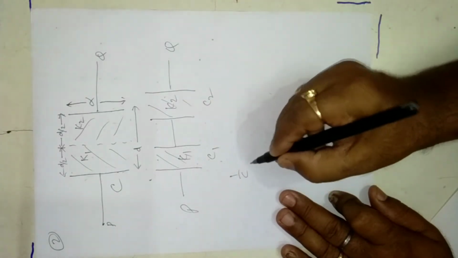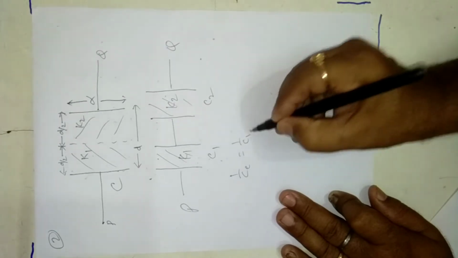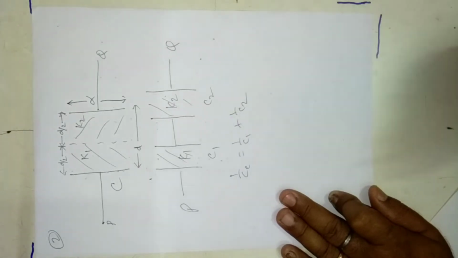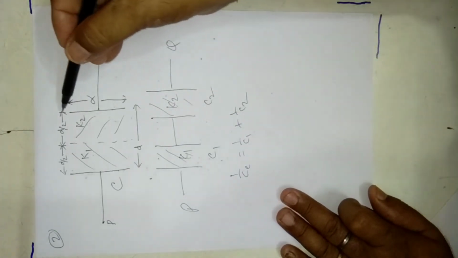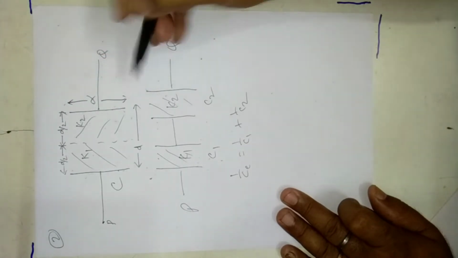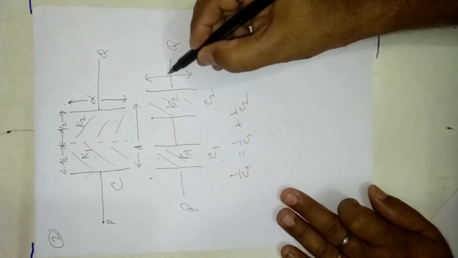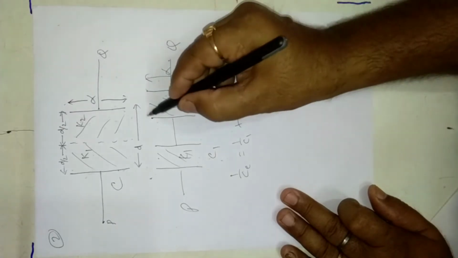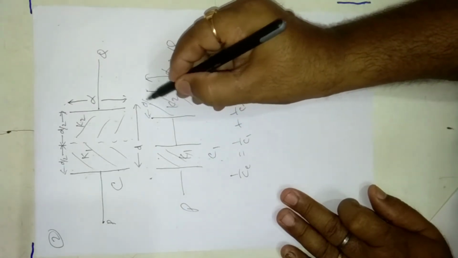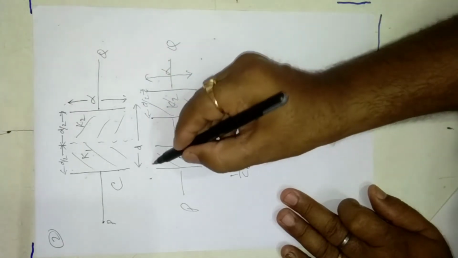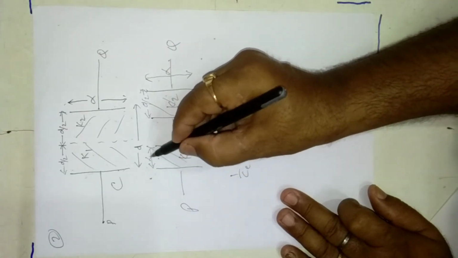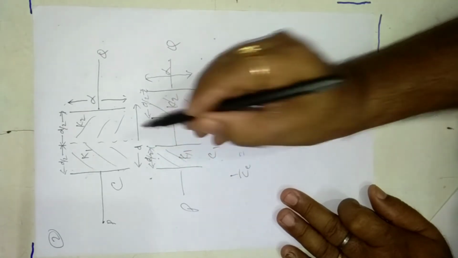Therefore 1 by C equivalent is equal to 1 by C1 plus 1 by C2. Here the area remains the same: the area of the plates of both capacitors is alpha, but the distance between the plates has now halved. According to the situation, this can be changed.